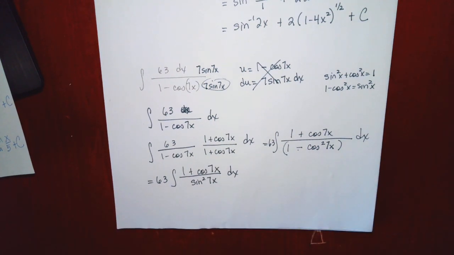Okay. That's a fairly, I don't want to say common, but it's not uncommon either, trick when you have something like a 1 minus sine x, 1 minus cosine x, 1 plus tangent x, or something like that, that you can't deal with in a straightforward u substitution.